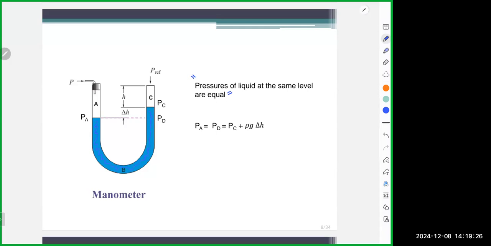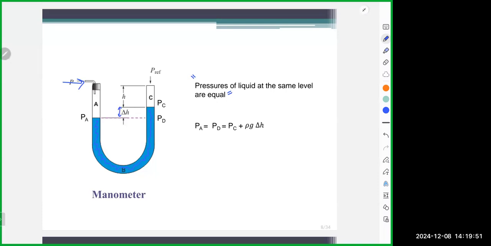Here is the liquid, okay? When this gas contacts the pressure source, the pressure outside will push the level of the liquid. So you can see the difference in the height level right here.